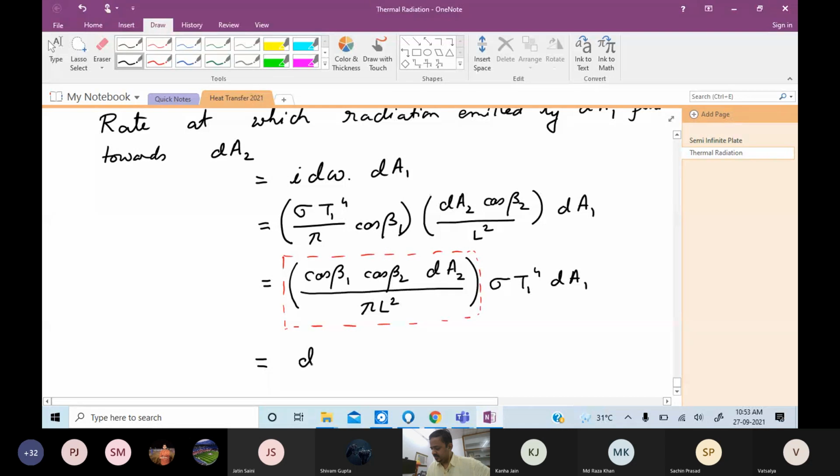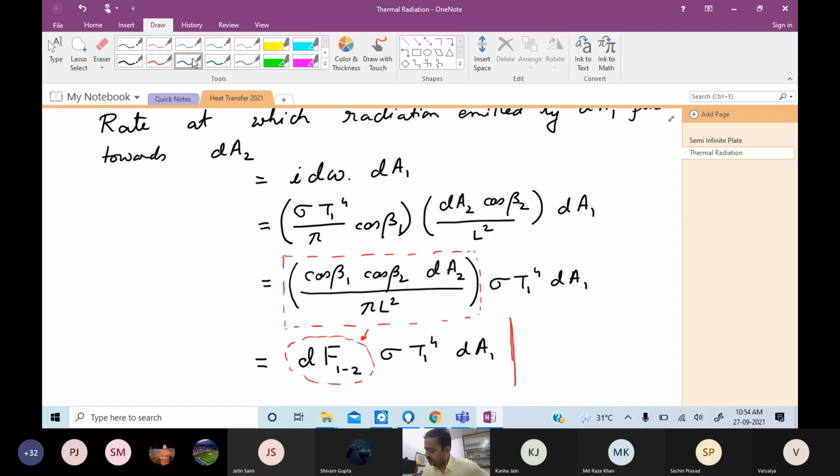We'll call it d capital F 1 to 2, times sigma T1 to the power 4 dA1. So this is the radiation emitted by dA1 that goes towards dA2.